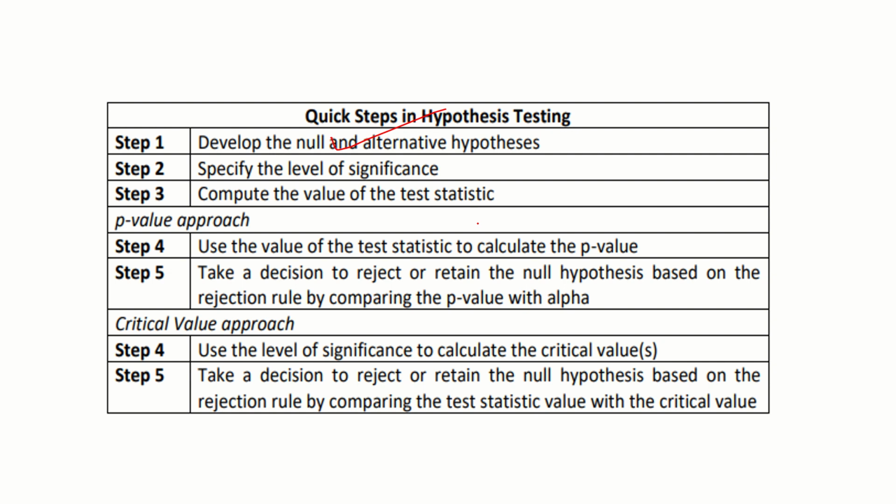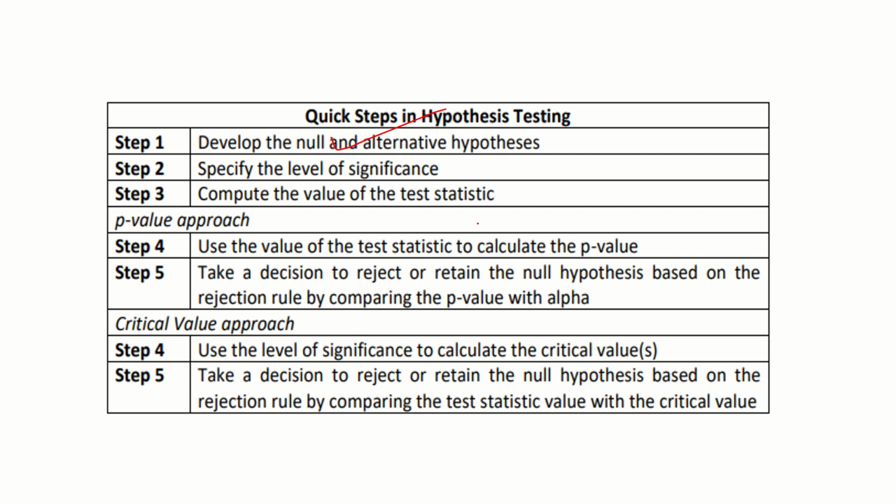Once the test statistic is computed, there are two ways to decide whether to accept the null hypothesis or not. One is the p value method, another is the critical value method. In the p value method, if the p value is less than the alpha value, say 0.05, that means there is a significant difference between the hypothesized population mean and the sample mean.